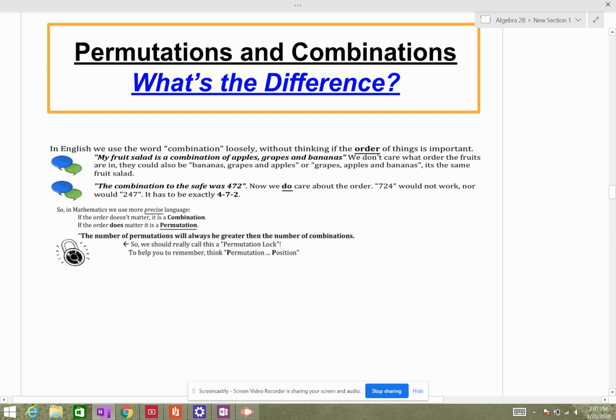If you go to your PE locker and you have one of those 3-digit combination locks that you circle, that is going to only work if you put the 3 numbers in that particular order. So one way to remember the difference between permutations and combinations is combination locks that you use in PE should actually be called permutation locks because the order of the numbers matters.